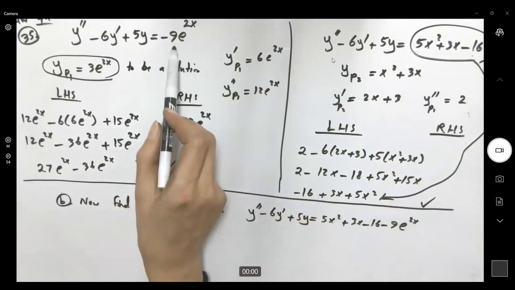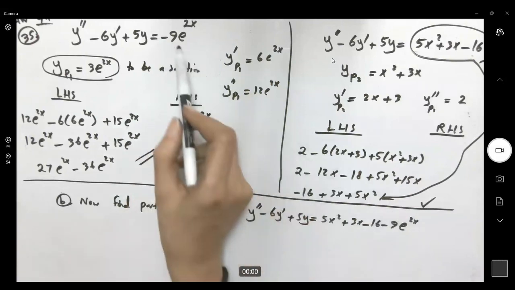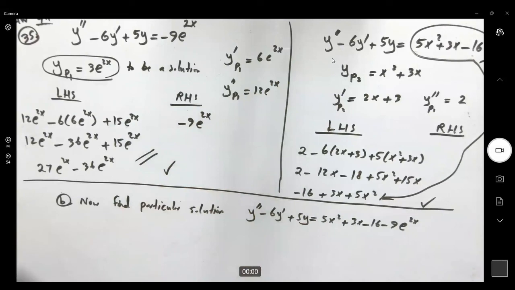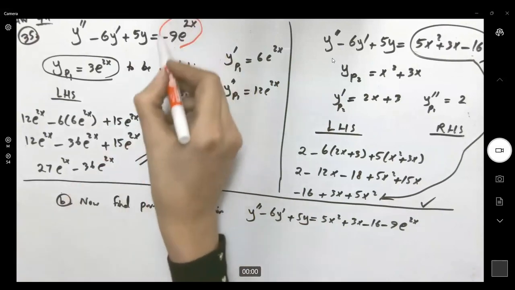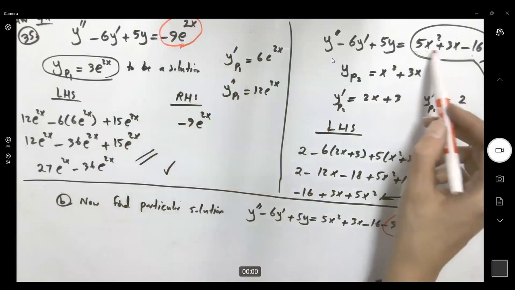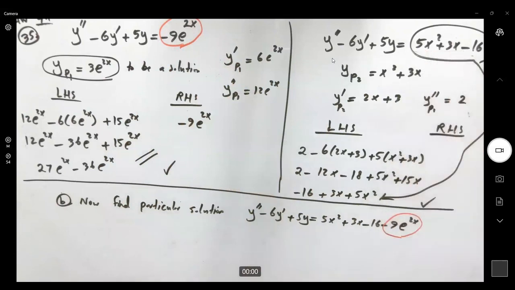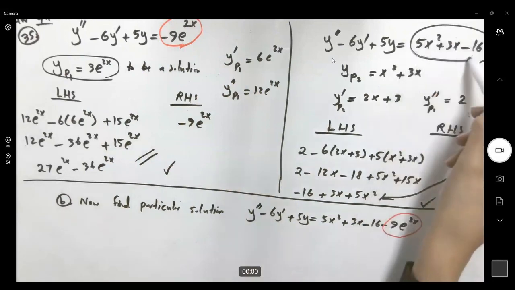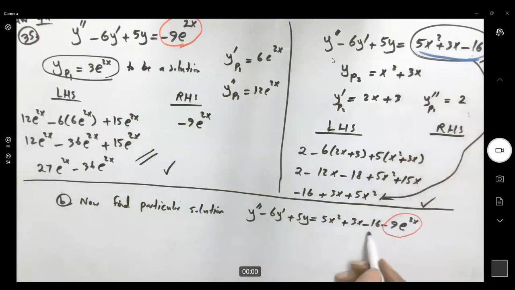You have negative 9 e to 2x. It appeared here. And then you have 5x squared plus 3x minus 16, which has also appeared here. So we have a combination of these two functions on the right-hand side.